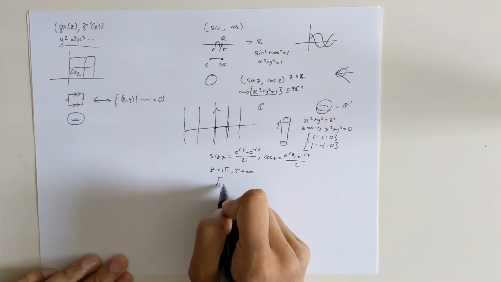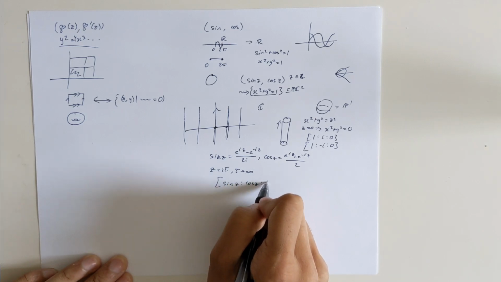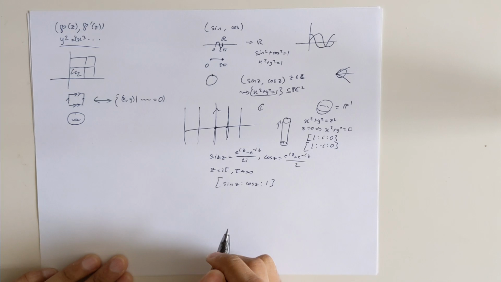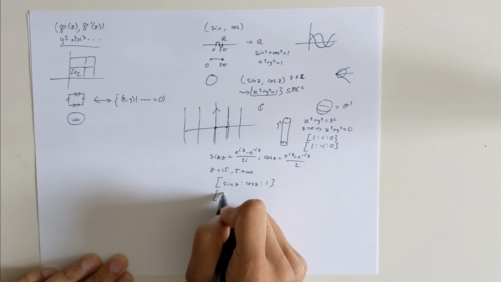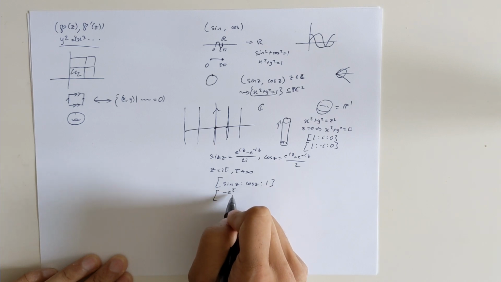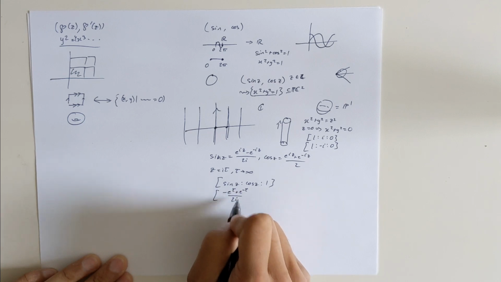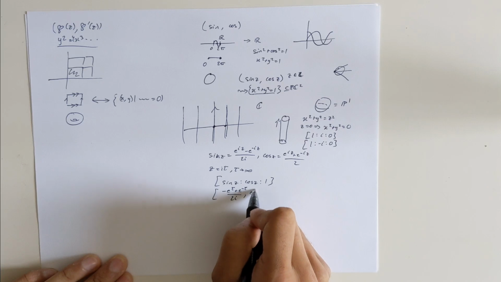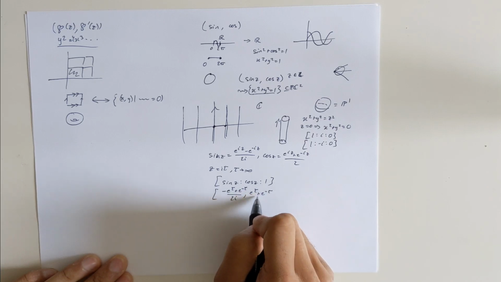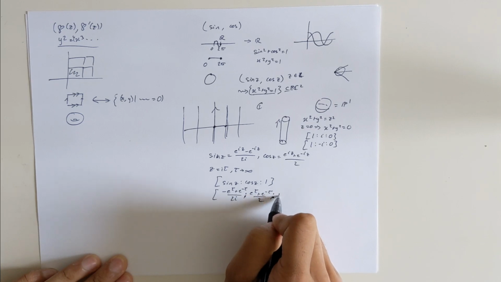Well, if we look at the projective coordinates, sine z, cosine z, 1, then what happens is this will look like minus e to the tau plus e to the minus tau over 2i. So I've sort of swapped these around for a reason. And this will look like e to the tau plus e to the minus tau over 2, and then the last coordinate will be 1.